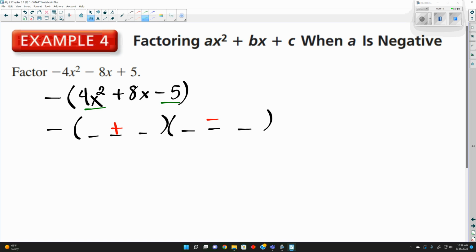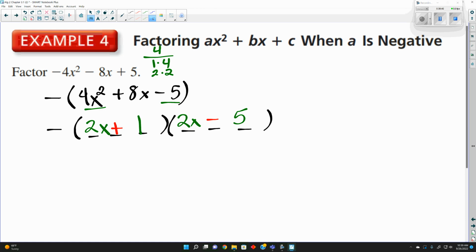The factors of x squared are x and x. Now the factors of 4 are 1 and 4, or which one do we want to use first? 1 and 4 or 2 and 2? 2 and 2. Now the factors of 5 are 1 and 5.